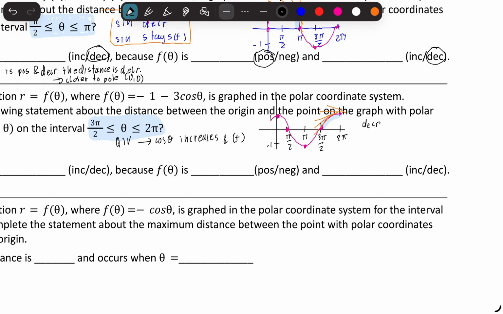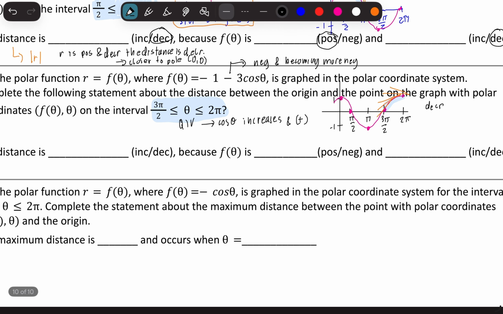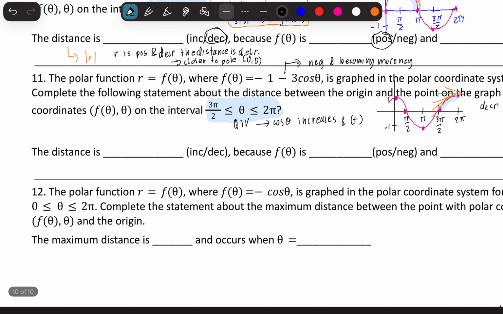That's because you have -3 cosine theta. Because it's -3 cosine theta, this is negative and becoming more negative.